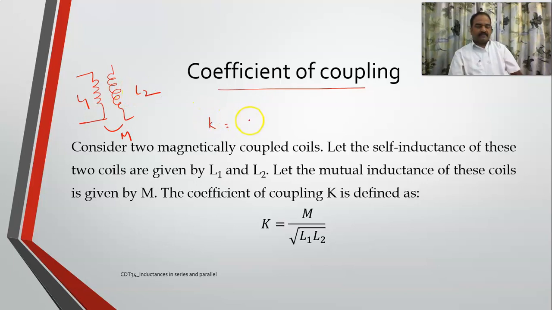The coefficient of coupling is defined as K is equal to M by square root of L1 L2, where M is the mutual inductance, and L1 and L2 are the two coils' inductances.